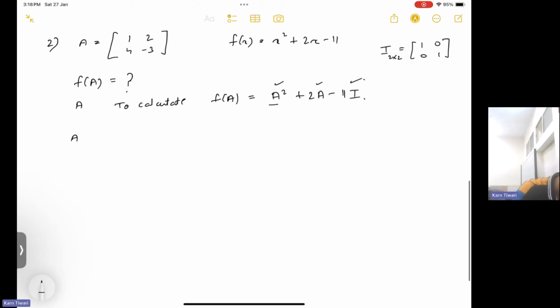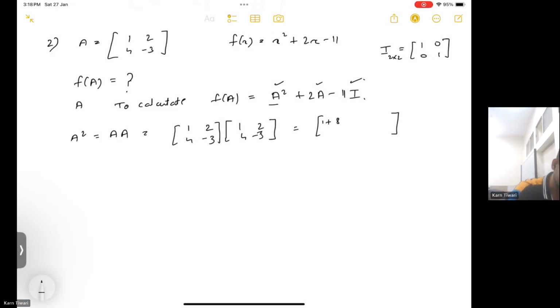So let's calculate first of all A square, which is A into A basically. So you can write it as 1 2 4 minus 3 and 1 2 4 minus 3. So basically if we do the matrix multiplication, it will be 1 plus 8, as what I did in the last question. And I am hoping that you all are familiar with simple matrix multiplication as it's the prerequisite for this course.